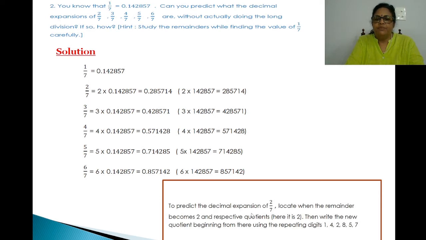To predict the decimal expansion of 2 by 7, locate when the remainder becomes 2 and the respective quotients. Here it is 2. Then write the new quotient beginning from there using the repeating digits 142857. So I will explain again.